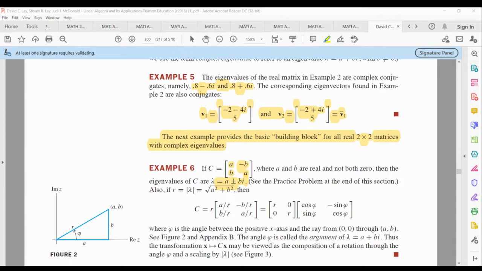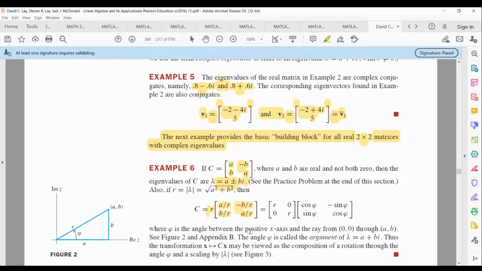So what you can do is you can take the matrix C, and you can actually write the matrix C as this radius R. We call R the radius.